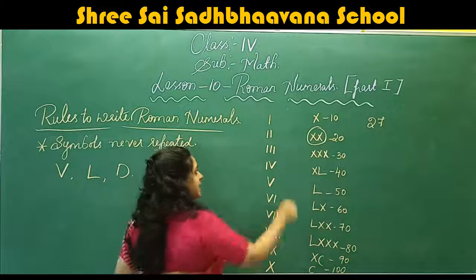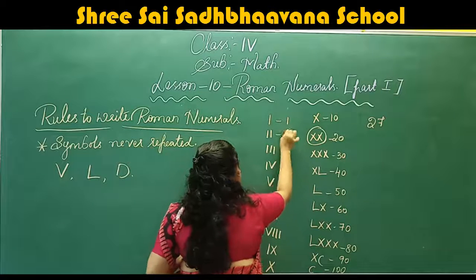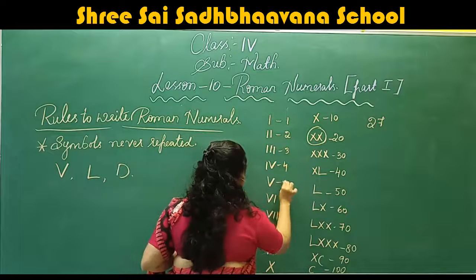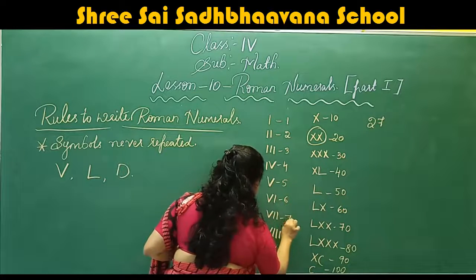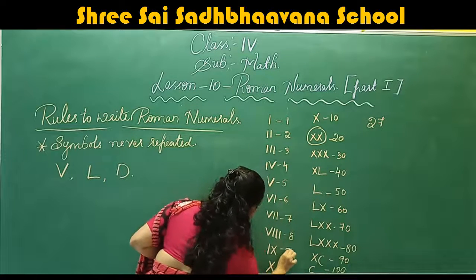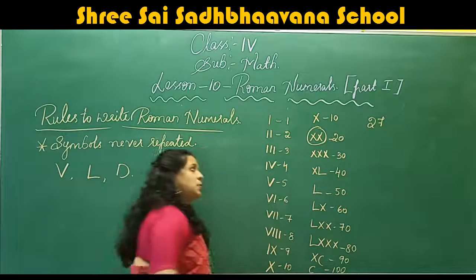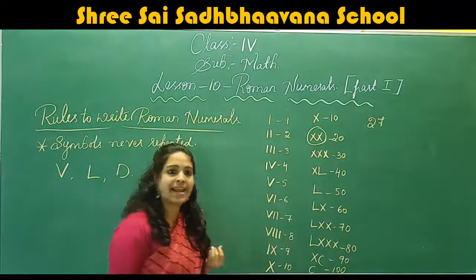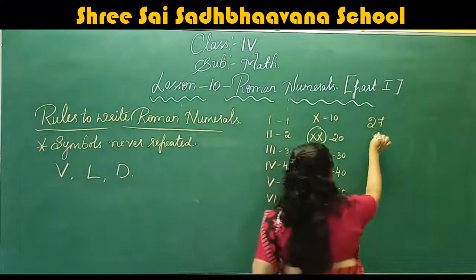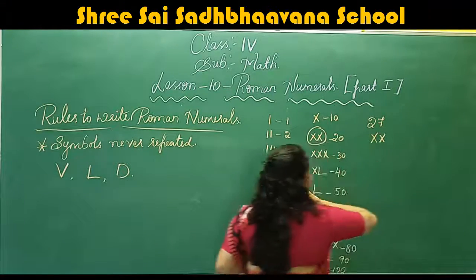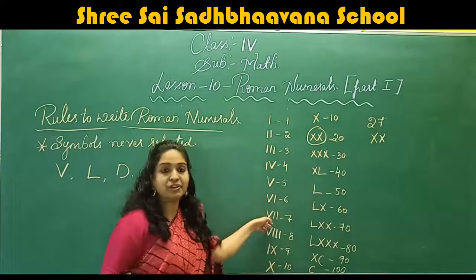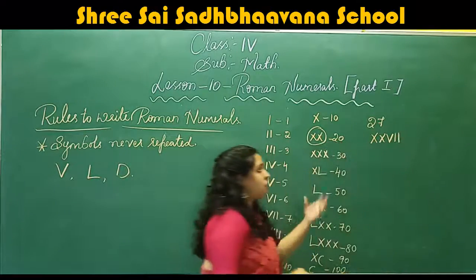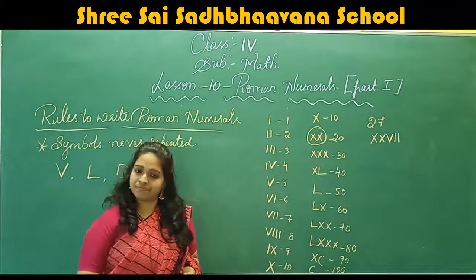And here let me write the Arabic numerals 2, 3, 4, 5, 6, 7, 8, 9, 10. If I want to write 27, how can I write? Take 20. How to write 20? Nothing but XX. 7. How to write 7? VII. Here. You got 27.